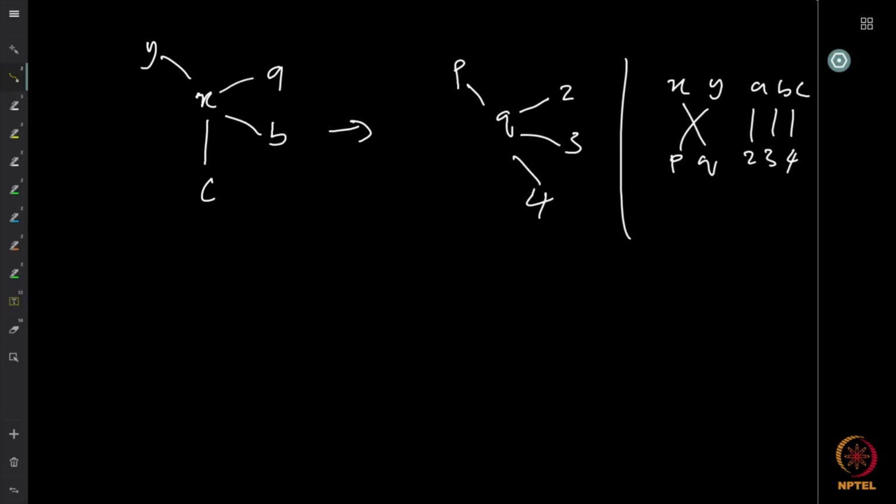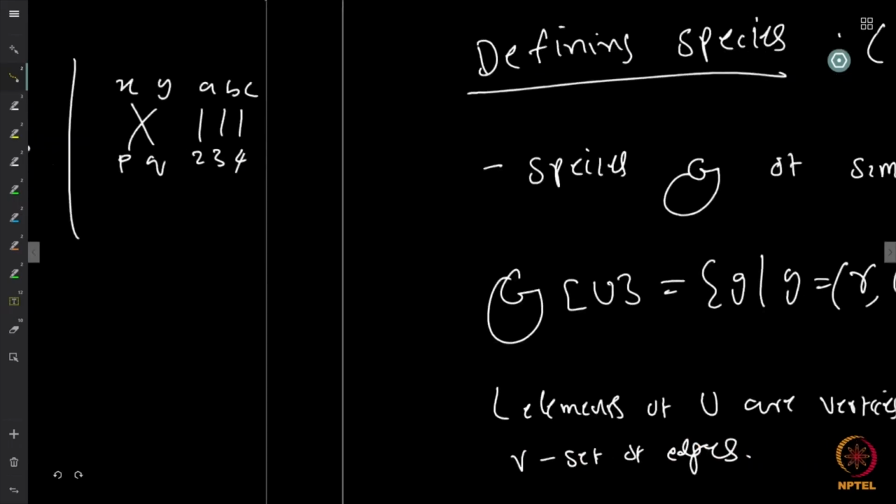This map between the two structures can be represented by the bijection between the corresponding sets x, y, a, b, c and p, q, 2, 3, 4, where x is going to q, y is going to p, a going to 2, b going to 3, and c going to 4. These kinds of things are intuitively clear.